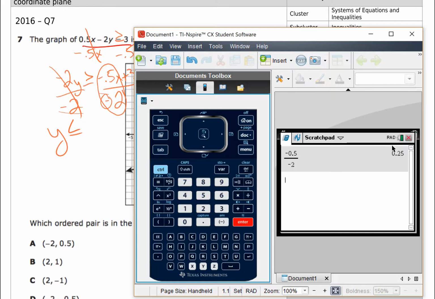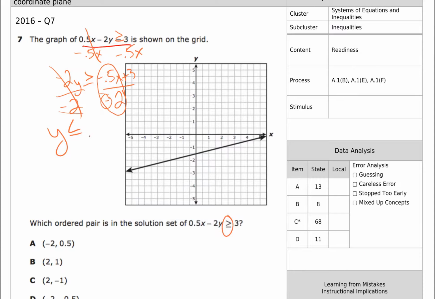The negatives are going to cancel and make it positive. And it is positive 0.25x, and then 3 over negative 2 does not change, so it's negative 3 over 2. It doesn't reduce to a whole number, I should say.